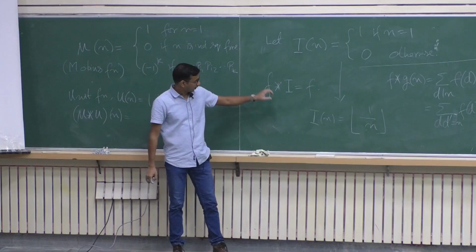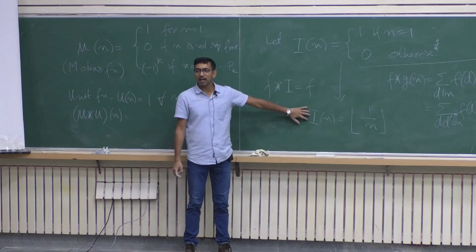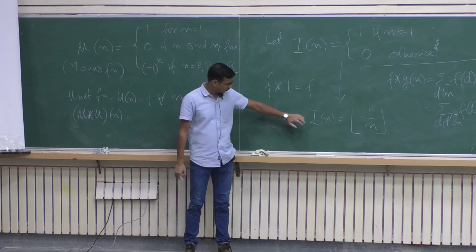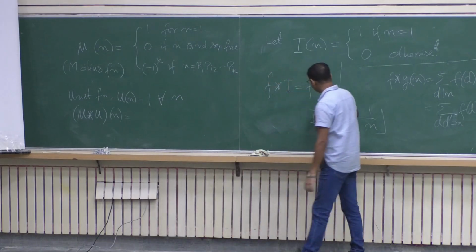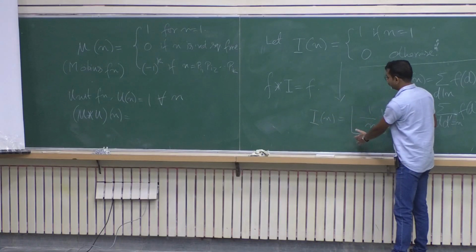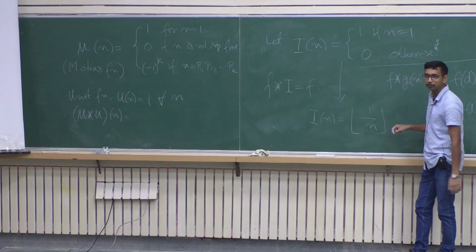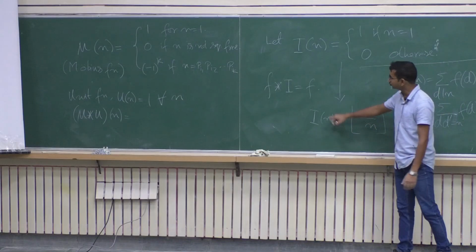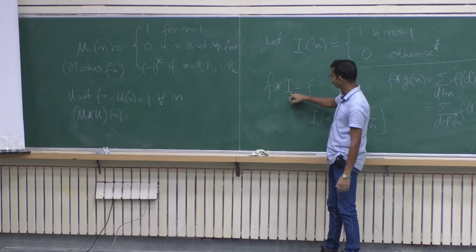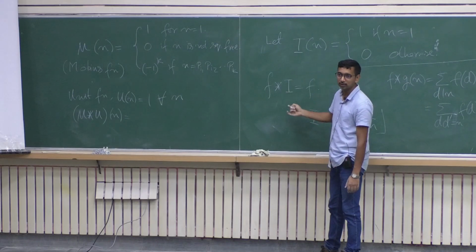For the identity function, let's use the notation I because it's easier to identify: I for identity. And we just saw that for any function f, if you take the convolution of this with the identity from left or right, because it's commutative, you get f back.